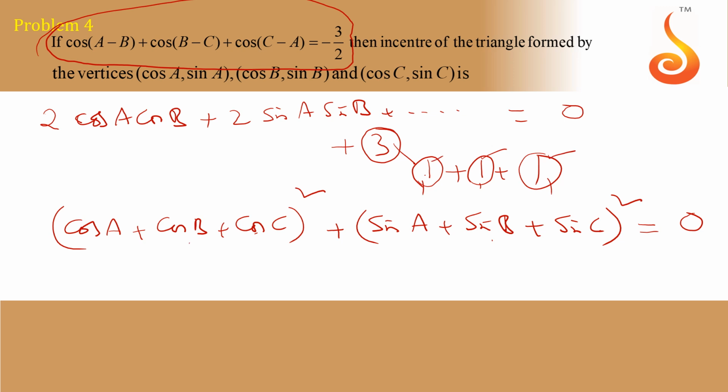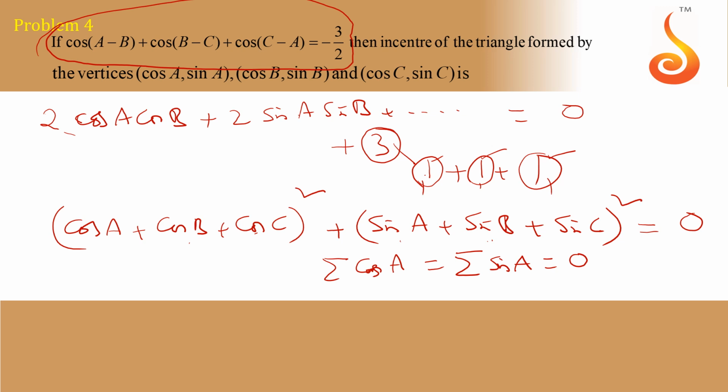So 2 cos a cos b, 2 sin a sin b, like that all terms are there. So something square plus something square is 0 means each will be 0. Means sigma cos a will be equal to sigma sin a, that will be equal to 0.